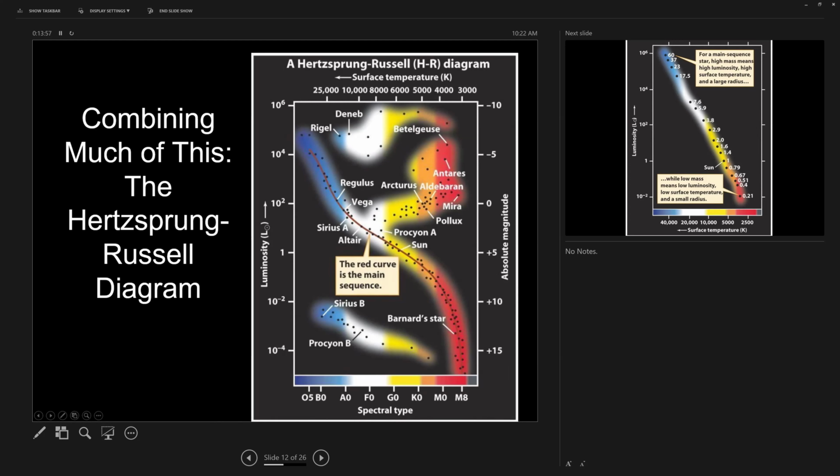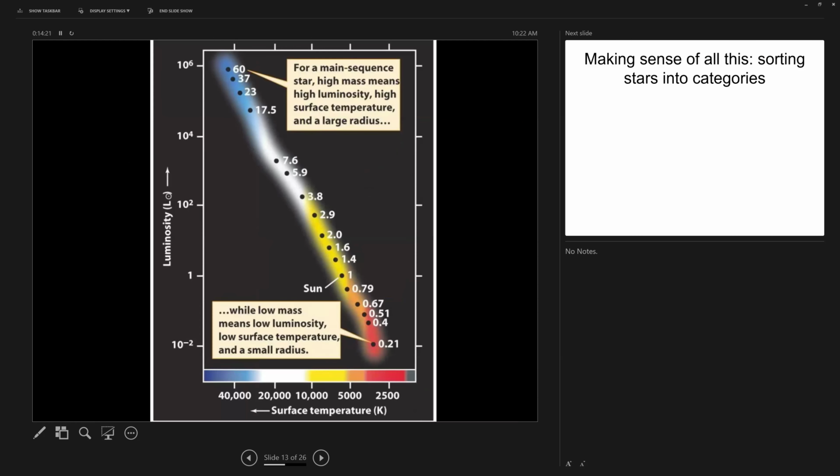Down here on the bottom, they have the spectral type of the stars. And this is something I'll address a little bit later. But back in the early 20th century, they were sorting stars into spectral types and then realized that those different spectral types were actually different surface temperatures. So they didn't know that at first.